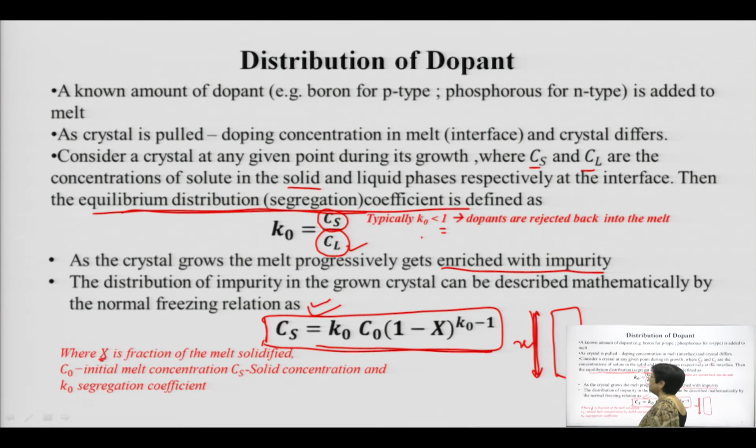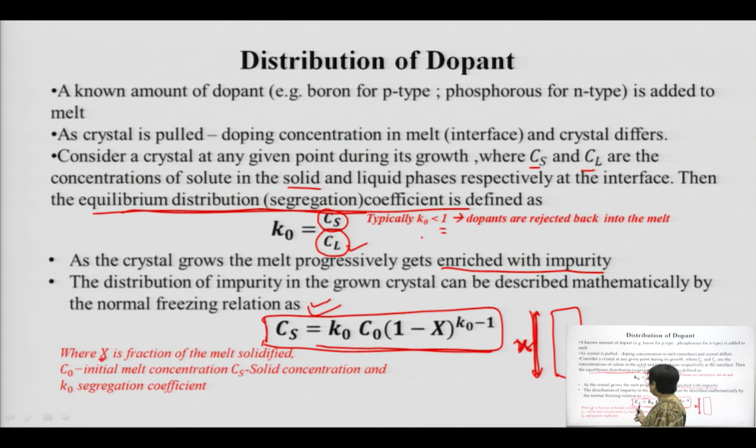So, this particular equation gives you the idea up to which point you need to continue the crystal growth process, because when the impurity increases you need to stop, because that silicon ingot is of no use. Therefore, this freezing relation is important to check how much crystal can be grown from the amount of molten silicon kept in the crucible.